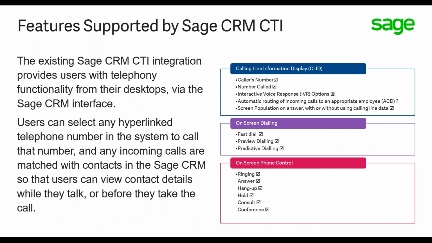But in terms of the existing CTI integration, we've got a set of features contained within it. Anything that comes in from a third-party perspective, or any replacement that we may consider, needs to be equivalent, not exactly the same, but with a broad set of equivalencies.